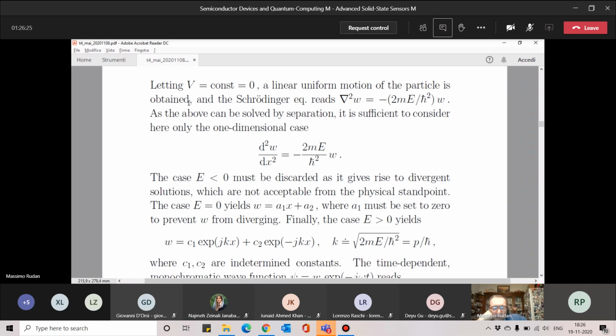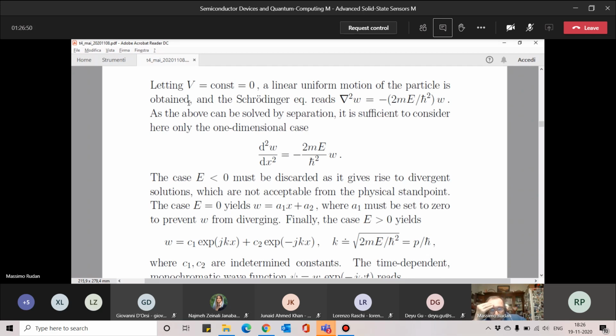If we try to solve this equation by considering E negative, we could immediately find that the solution would be a combination of real exponentials, and these real exponentials would diverge because e to the x diverges when x becomes infinitely large, okay?